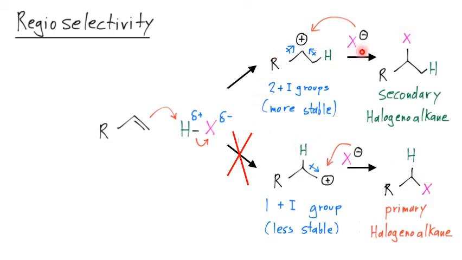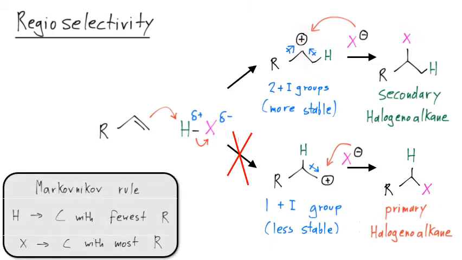So you have more addition where the hydrogen adds to the end carbon, because then the positive charge can be located at the middle carbon, which is more stable. And that brings us to the so-called Markovnikov rule.